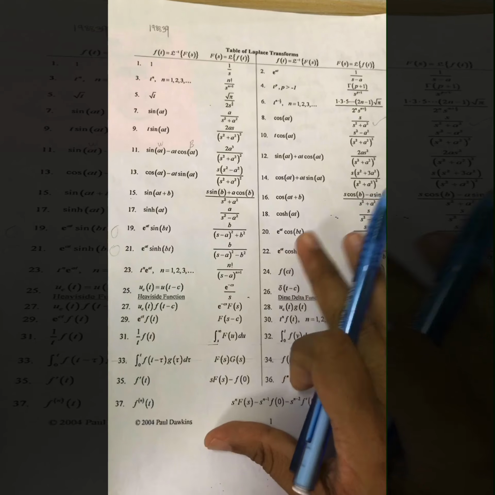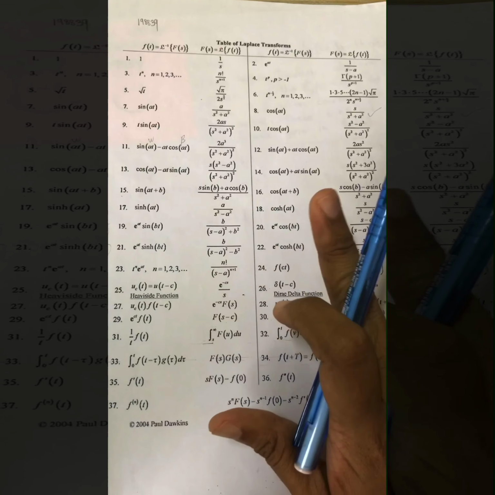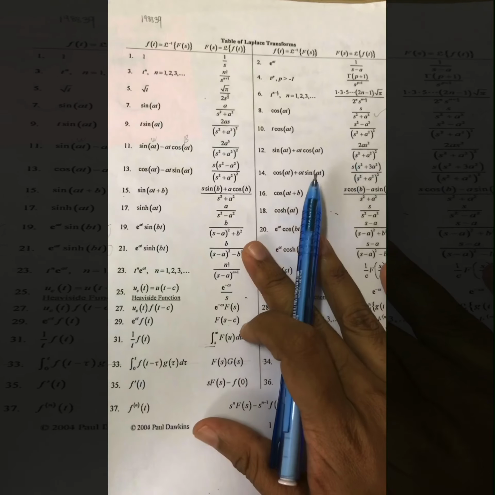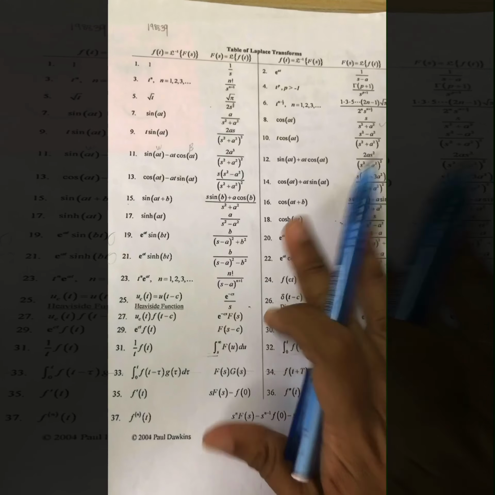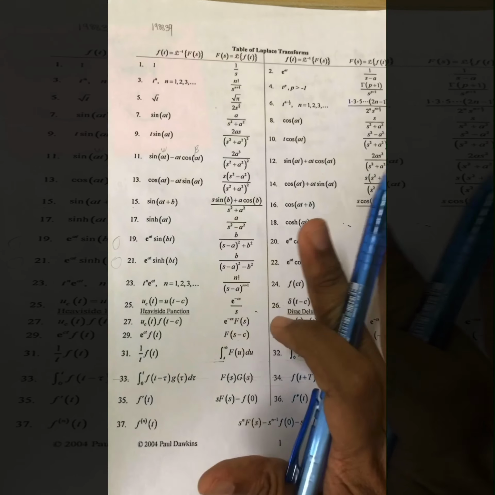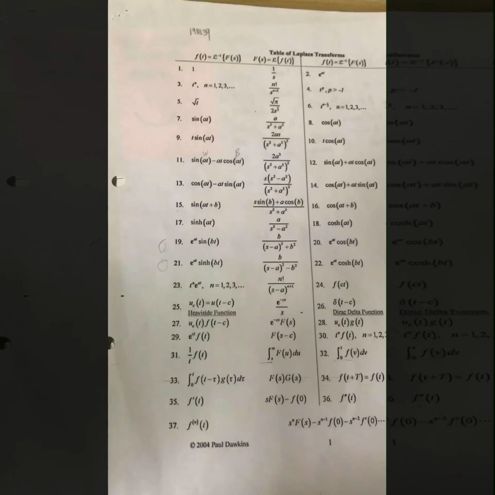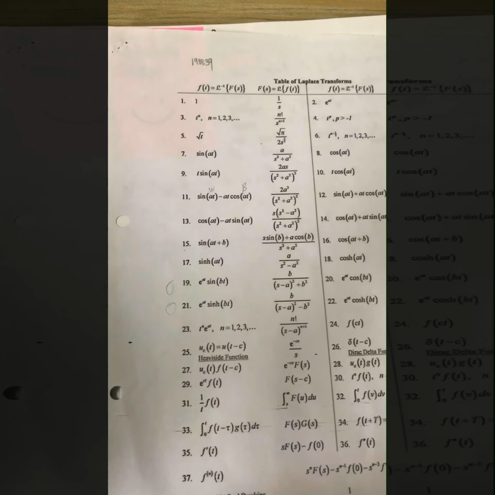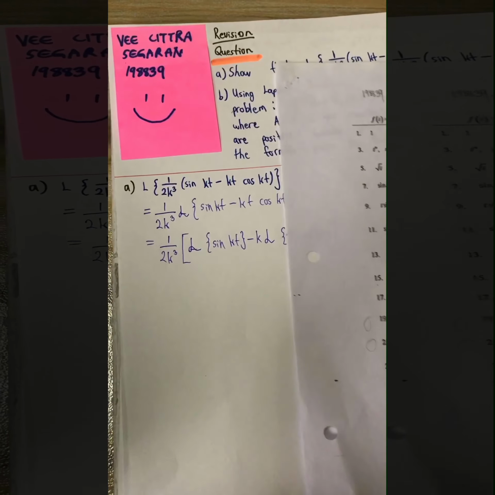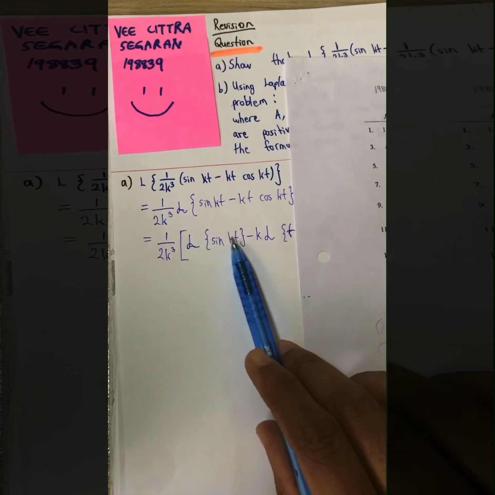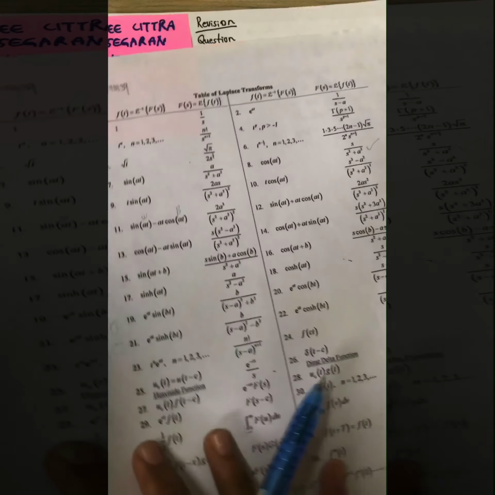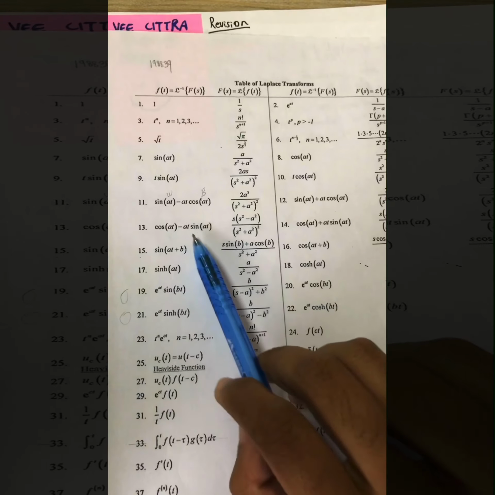This is one example table of Laplace transforms, which we can get from a reference book or from internet sources. So we just find the Laplace transform of sin kt. K here is constant, so we look through the table.